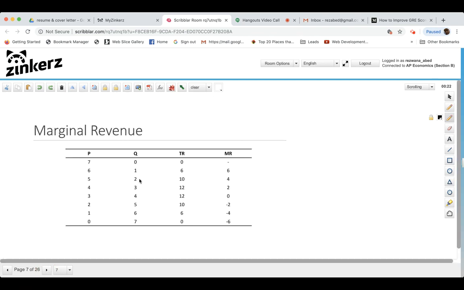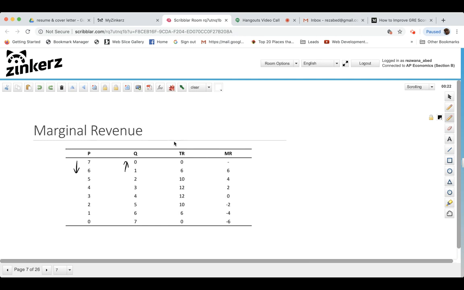Okay, so here the first two columns are just the relationship between price and quantity. So of course, that is just like a demand schedule. At the price of 7, 0 quantity is demanded. At the price of 6, it's 1. So as price is going down, quantity demanded increases. Okay.